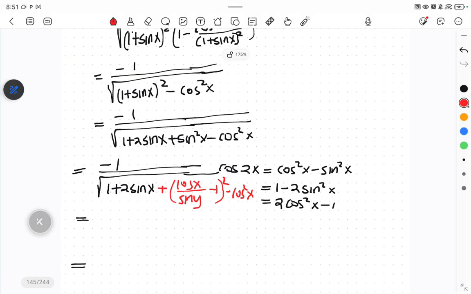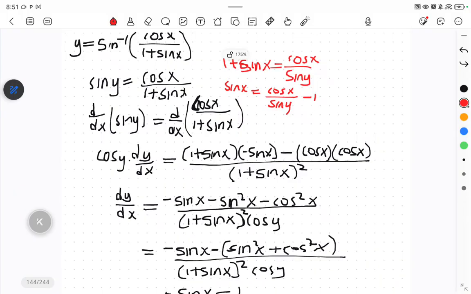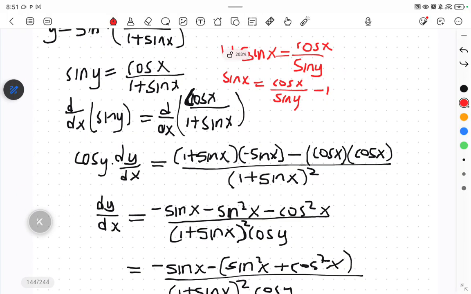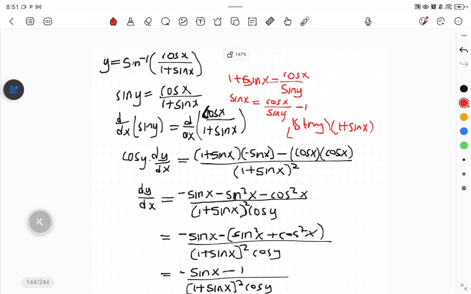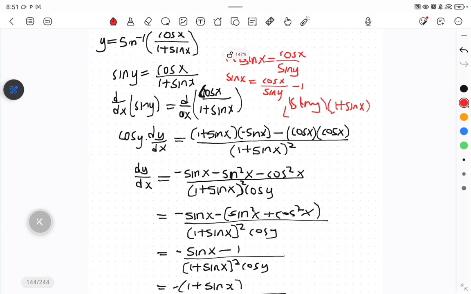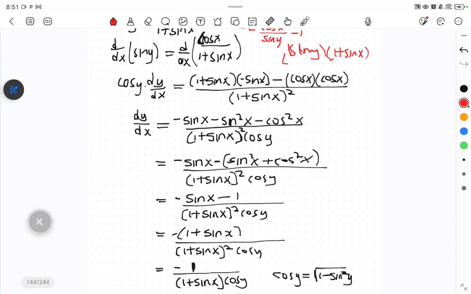If it's cos, I can have 1. I can have sin y times 1 plus sin x. Let me see, for cos x. Always cos x.